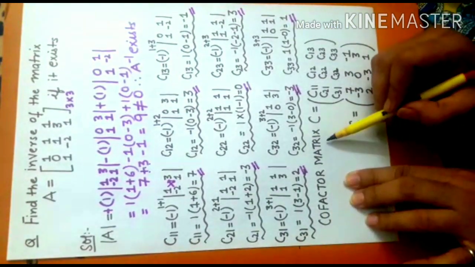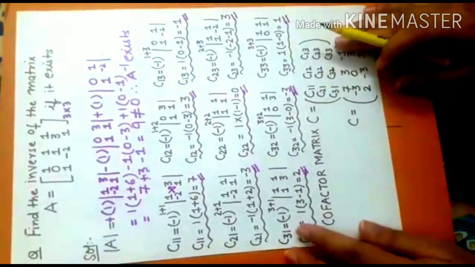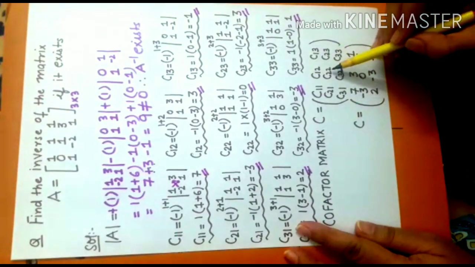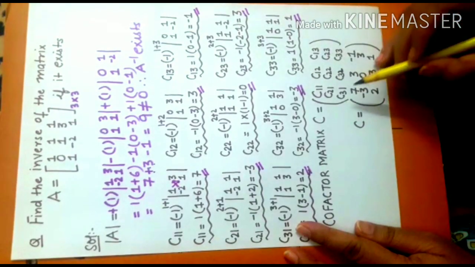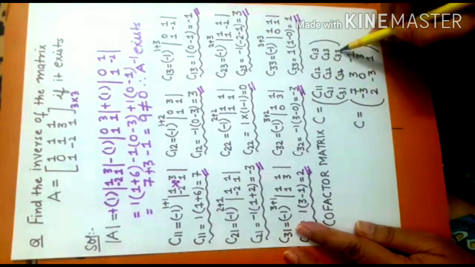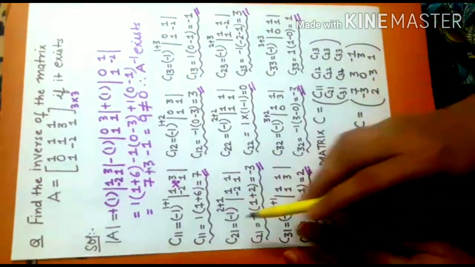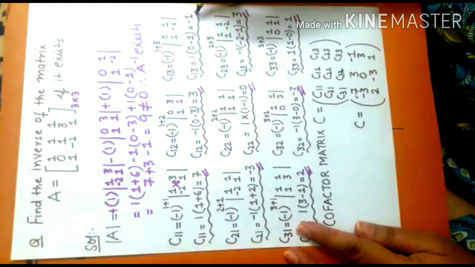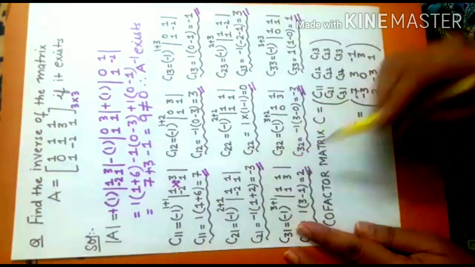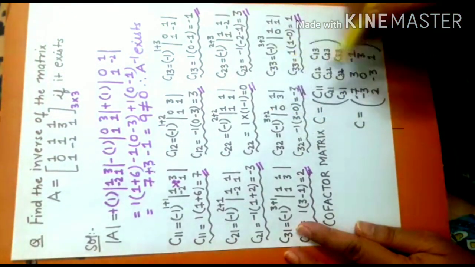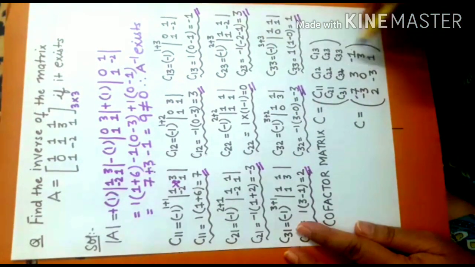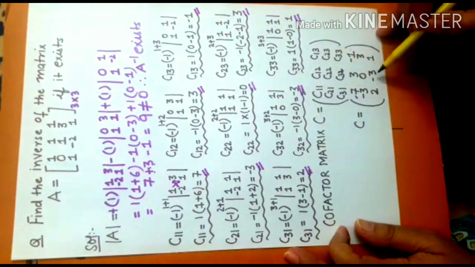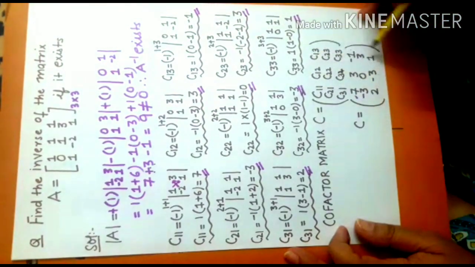Now cofactor matrix is given by C11, C12, C13, C21, C22, C23, C31, C32, C33. Now here C11 is 7, C12 is 3, C13 is minus 1, C21 is minus 3, C22 is 0, C23 is 3, C31 is 2, C32 is minus 3, and C33 is 1.